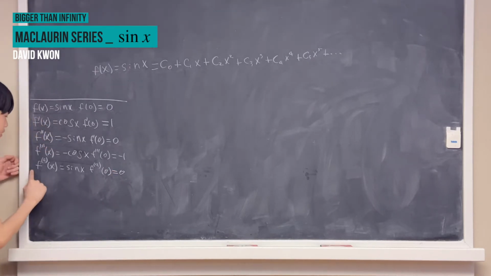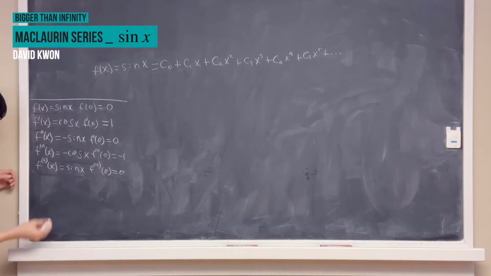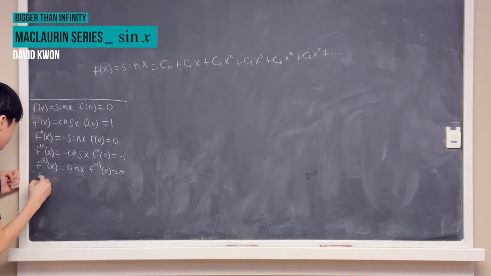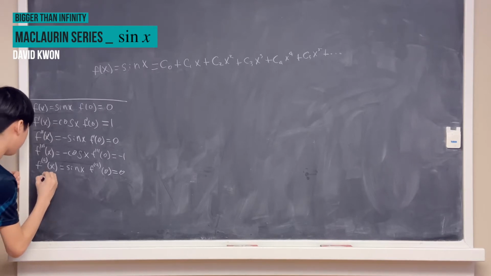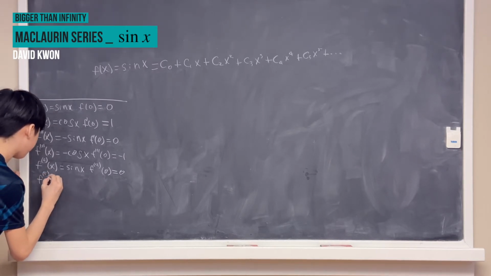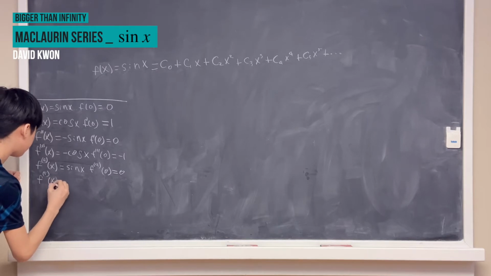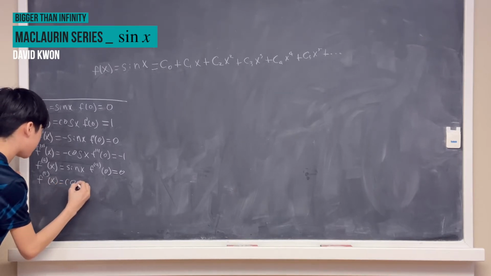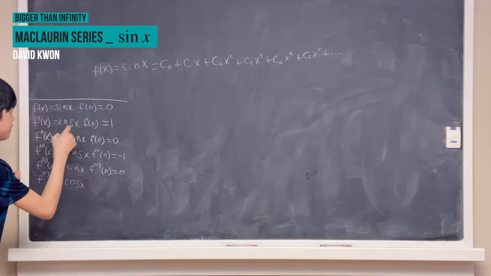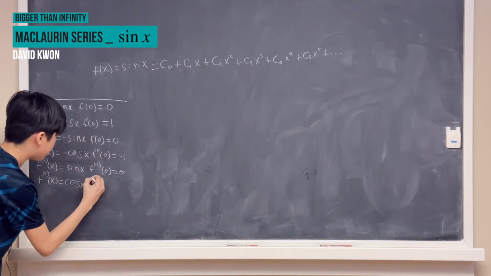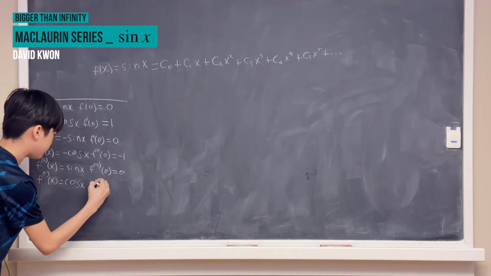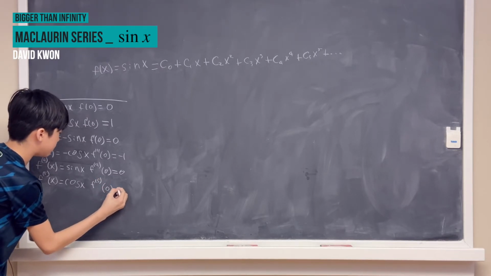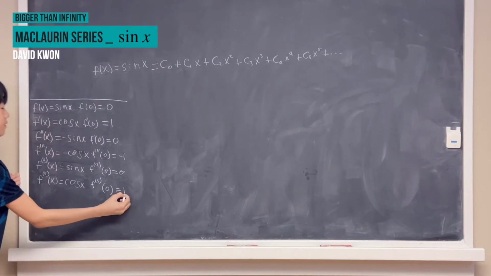Then we will differentiate one last function, so we get f to the power of 5 of x is equal to cosine x. So from the previous thing we wrote down, f to the power of 5 of 0 is equal to 1.